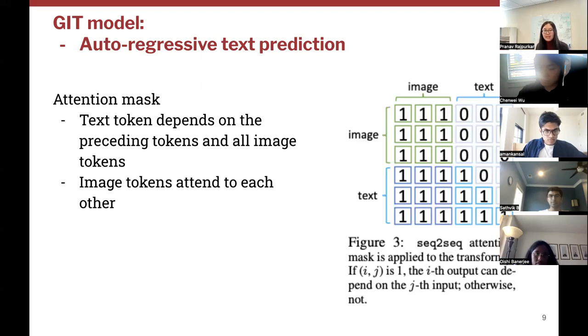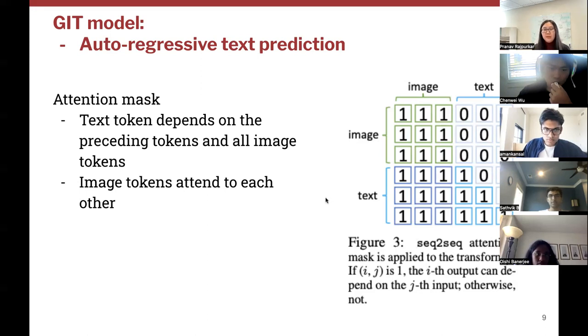But for the text tokens, because we want to generate the text in an autoregressive way, the prediction of a text token depends on all the image features as well as all the left-side tokens. This is why they can learn reasoning across the multimodality.